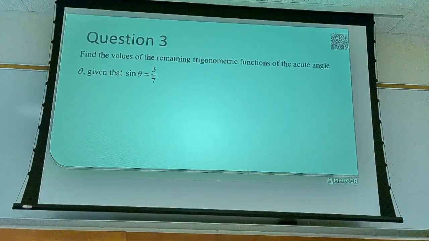Find the values of the remaining trigonometric functions of the acute angle theta, given that sine of theta is 3 over 7. So, just so I don't have to draw triangles all the time, I'm going to cheat.